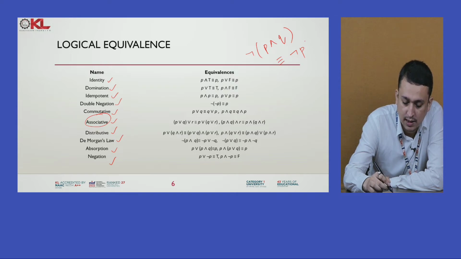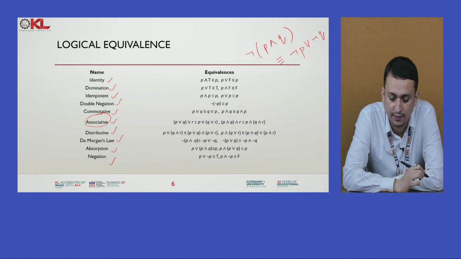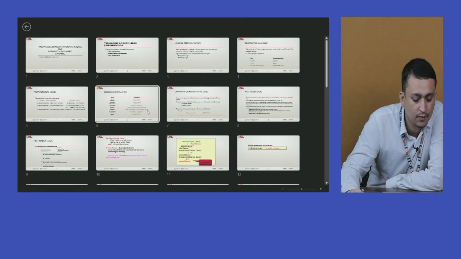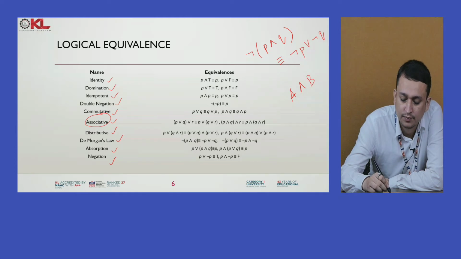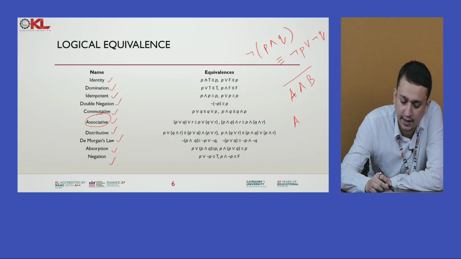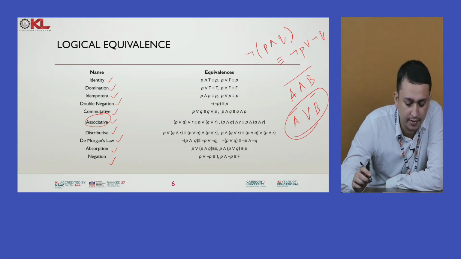That means conjunction becomes disjunction. You can simply learn this part as: break the line, change the sign. Break the line at the middle and break the line, change the sign. We can easily remember this part.